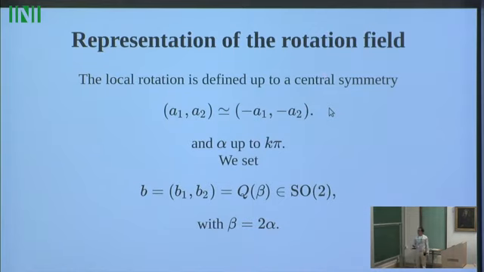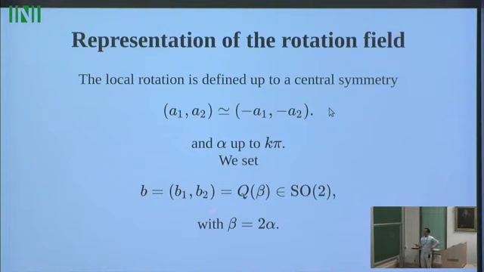So we have that alpha is defined up to k times pi, and so it will be very difficult to impose that the Laplacian of alpha is equal to 0, because depending on the representation of alpha you have chosen, in each point of your mesh, the Laplacian of alpha does not mean a lot. So our idea is to change the variables a little bit.